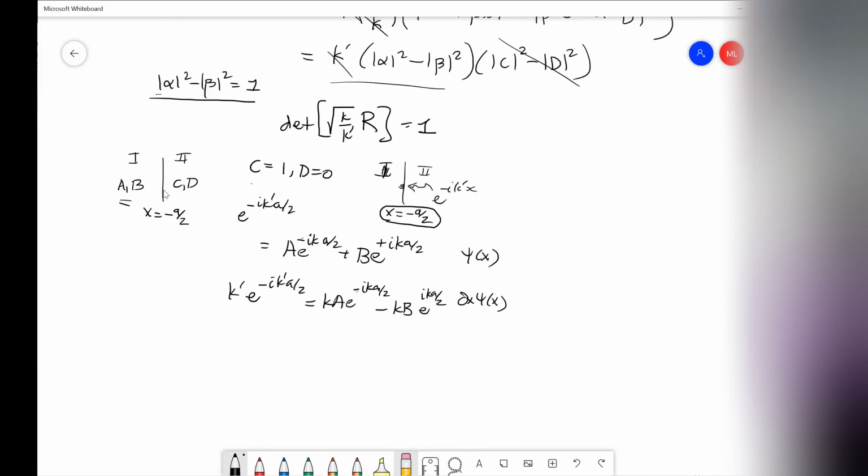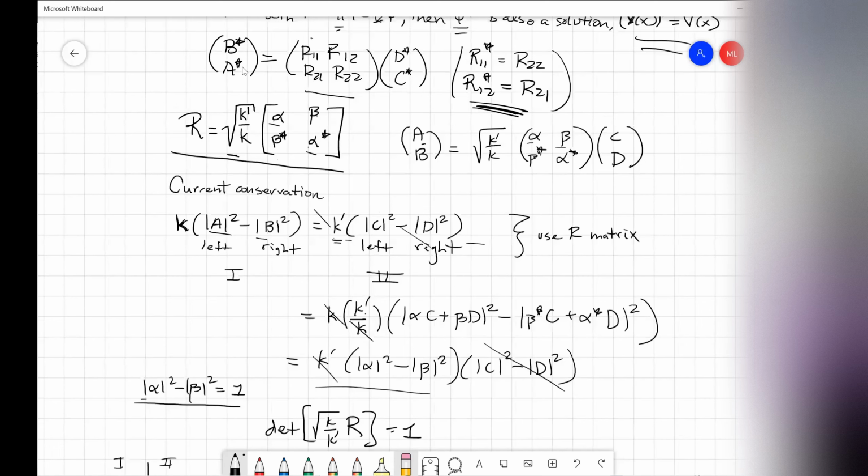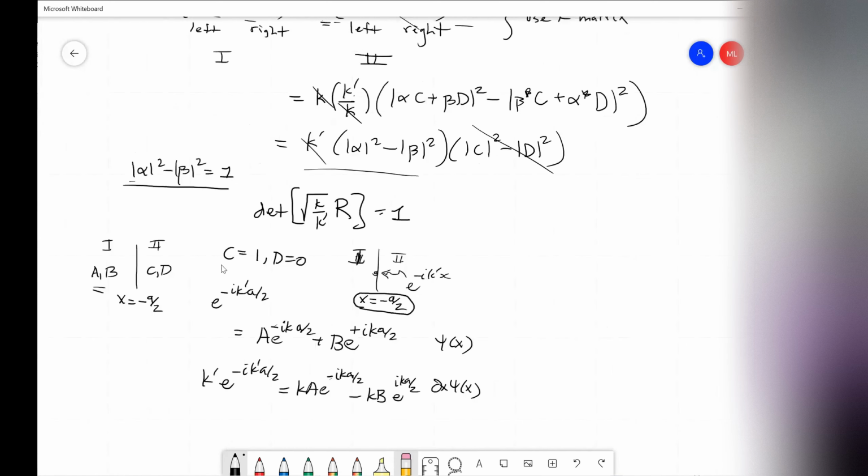The point here is that you can choose whatever normalization you want to get these coefficients that you need in order to determine the properties of your matrix. Right, so in this case, we chose this normalization. Why did we choose that?